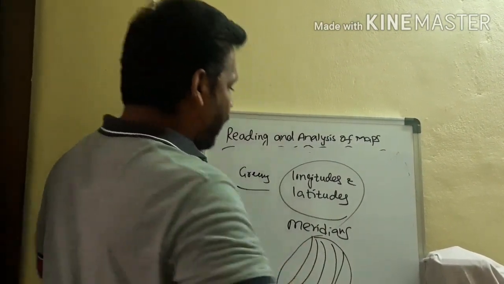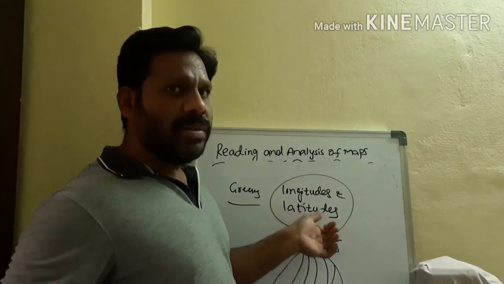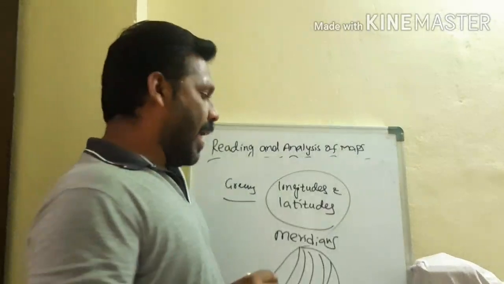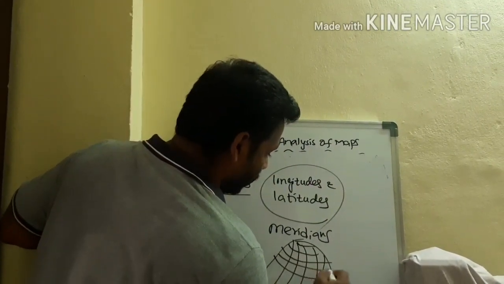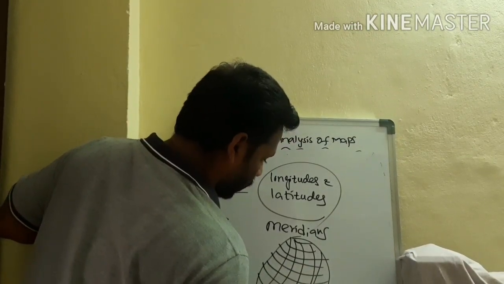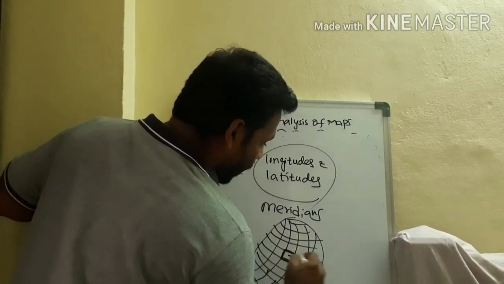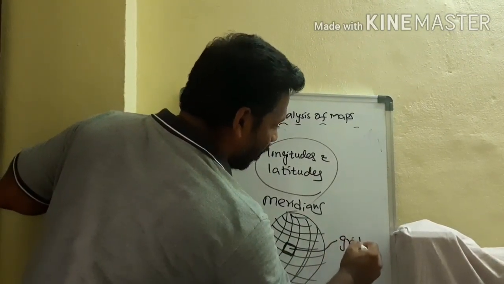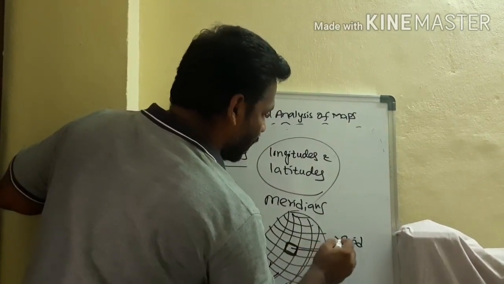So here, with the help of the meridians and latitudes, they fixed the place, and they found the grid also. This square is called a grid. The place where a longitude and a latitude intersect is called a grid.